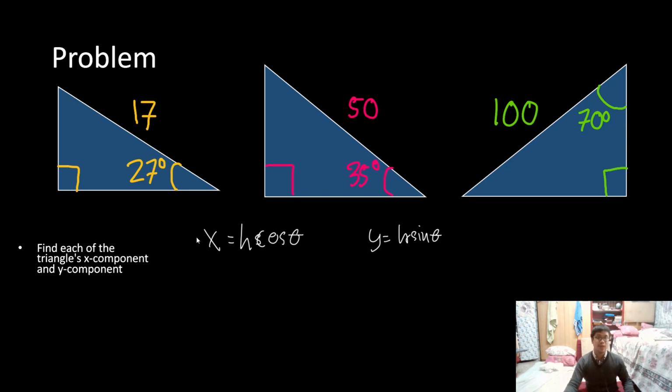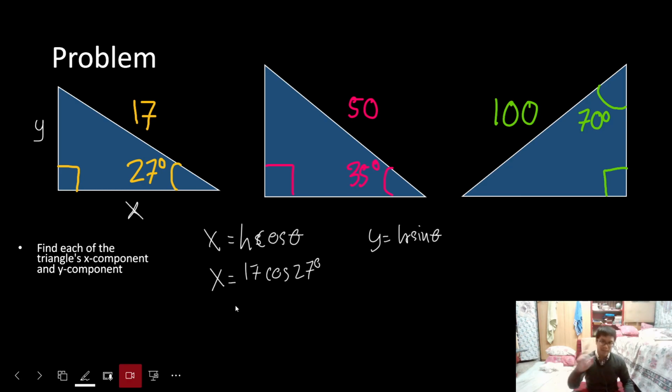So what are we going to do? We can now substitute. So x is equal to your hypotenuse 17 times the given angle, 27 degrees. Your x is here and your y is here. So what will be the answer?